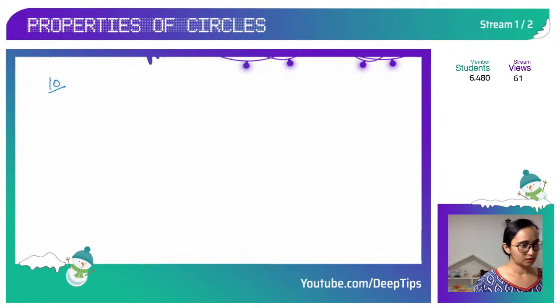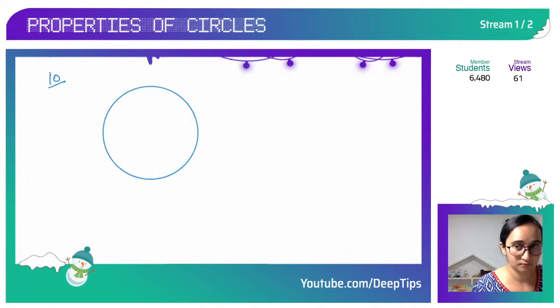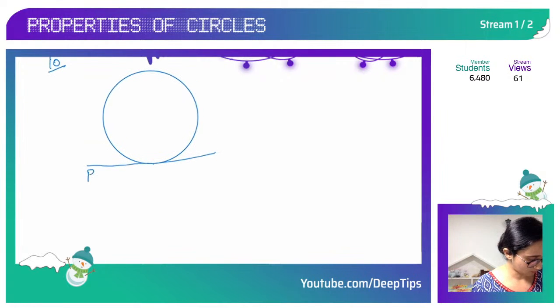Okay, so now this theorem says the angle between a tangent and a chord. So first I'll draw a circle. Okay, so I need one tangent. So this is my tangent PQ. And I have a chord now.